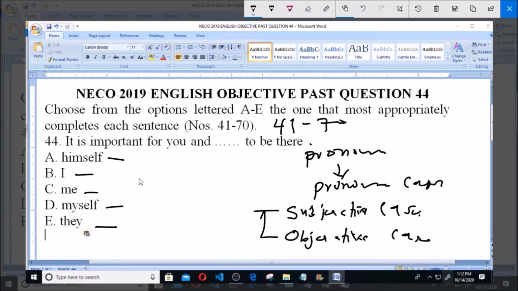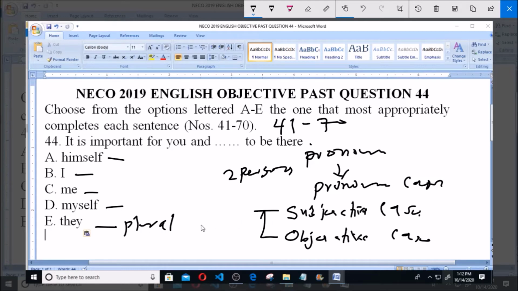We cannot say they, because by this expression the statement points to two persons, and you cannot say you and they again, because they is a plural form.